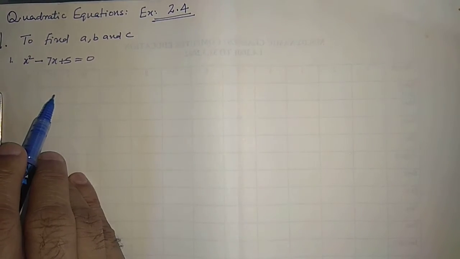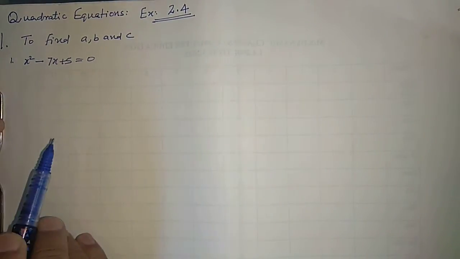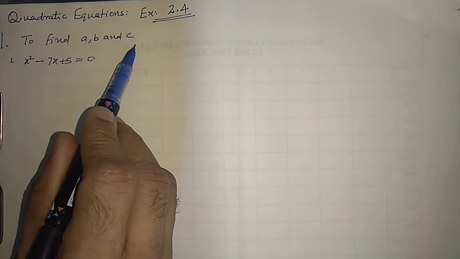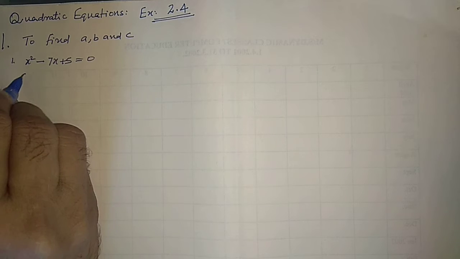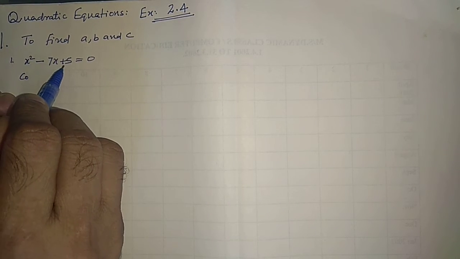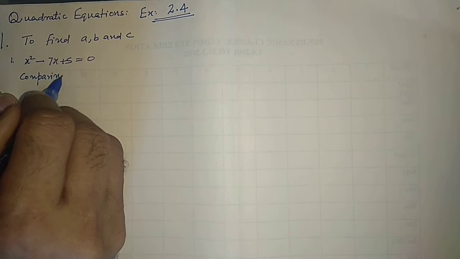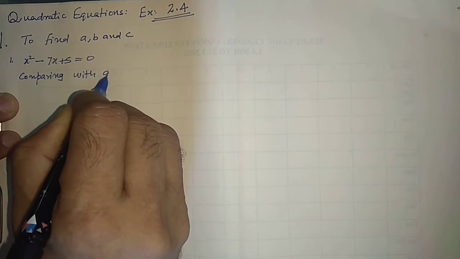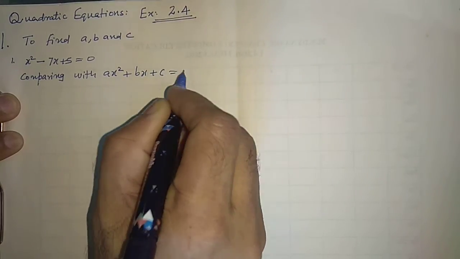Today we continue with the exercise part. Quadratic equations, exercise 2.4. We have to find the values of a, b and c from these equations. First equation, x square minus 7x plus 5 equal to 0. We compare this with the general form, ax square plus bx plus c equal to 0.